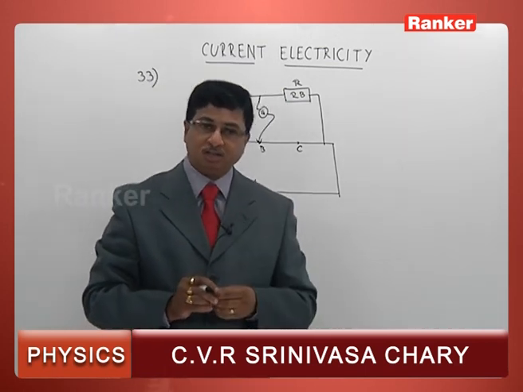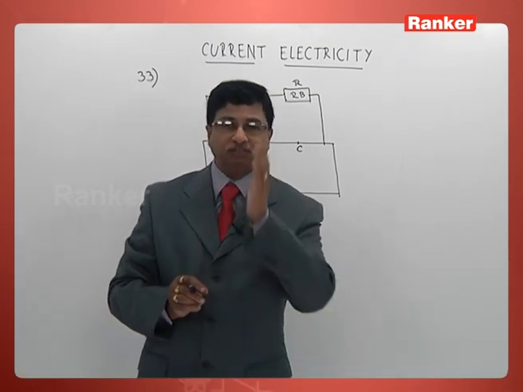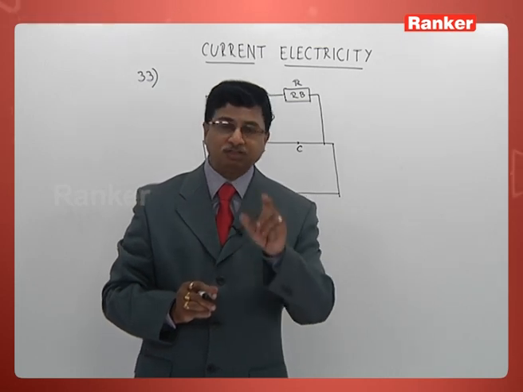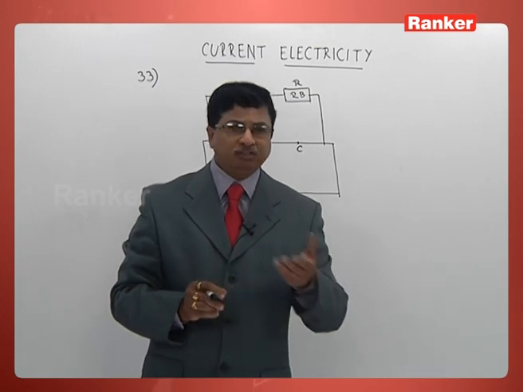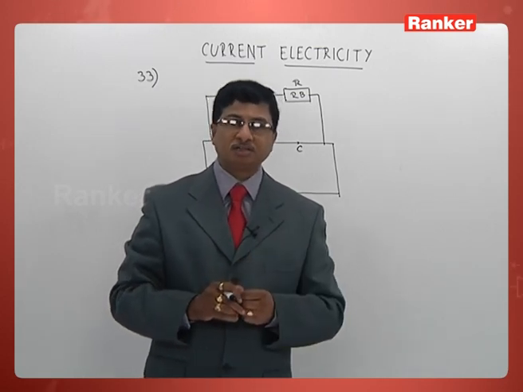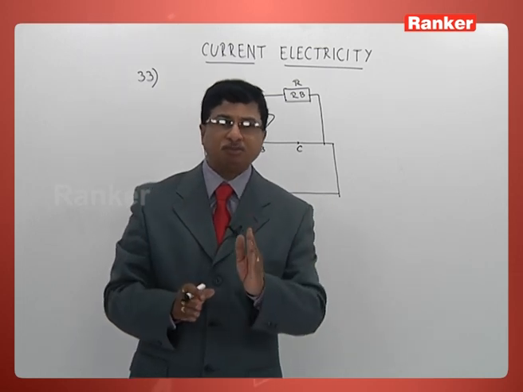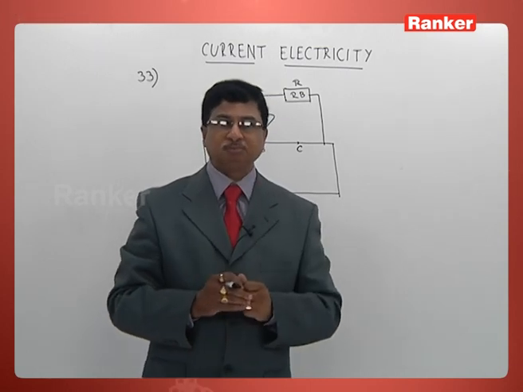If the balance point is very close to the 50th centimeter, the accuracy of that instrument is going to be maximum. The reason can be better understood like this. The bridge is perfectly balanced when the balance point is exactly at the 50th centimeter.